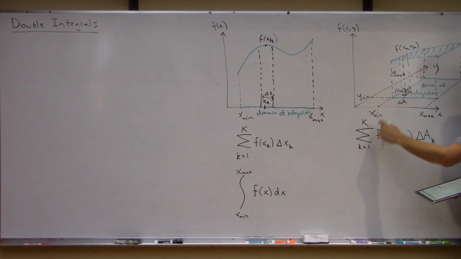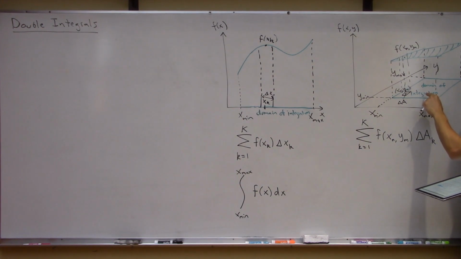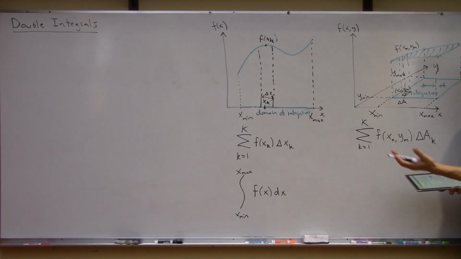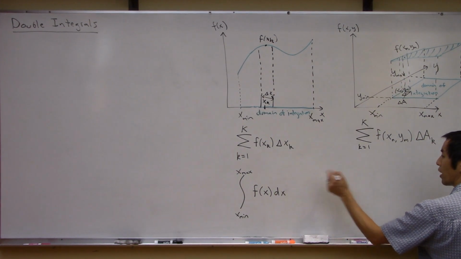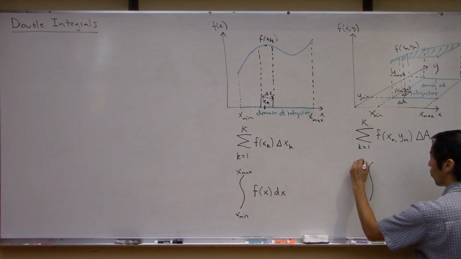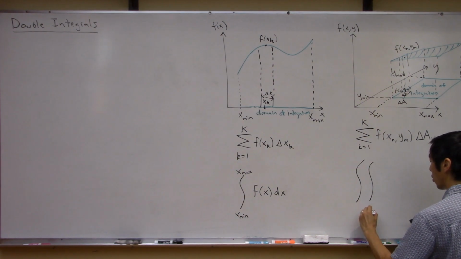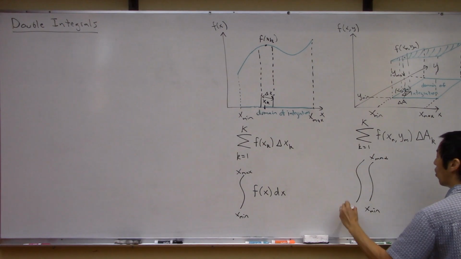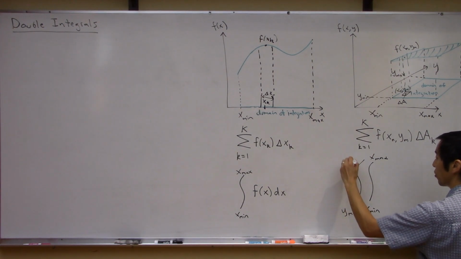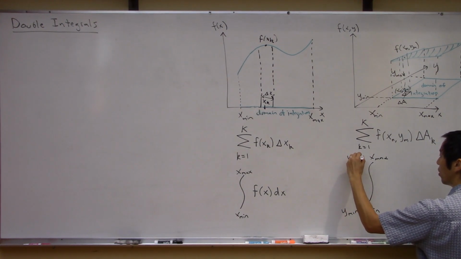And if we now sum over all of the little squares in this domain of integration, we basically get the idea of a double integral. So now we can write a very similar idea where x goes from some minimum value, as you see here, to some maximum value, and y also goes from some minimum value to some maximum value, right?